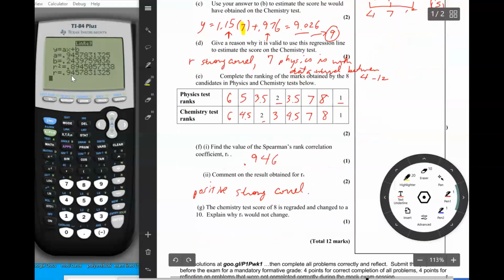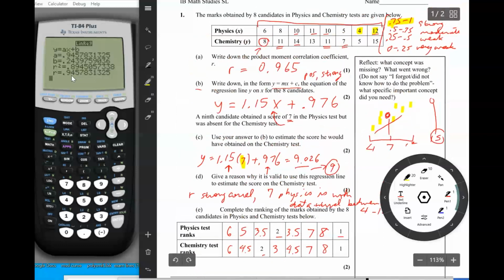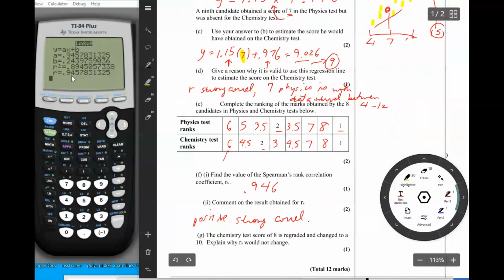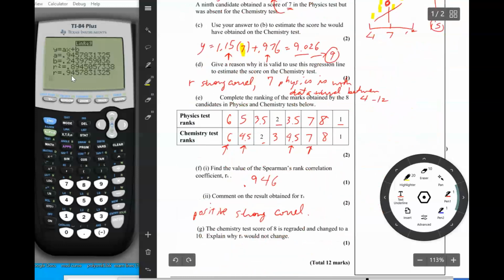So the 6th rank that it has would not change because it's still between 11 and 7. So that's what we could say.